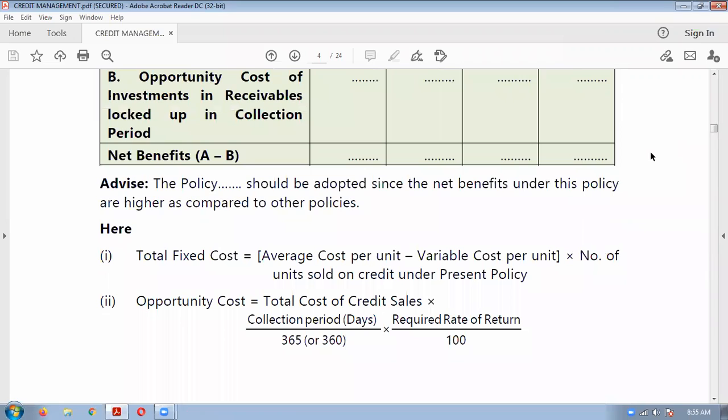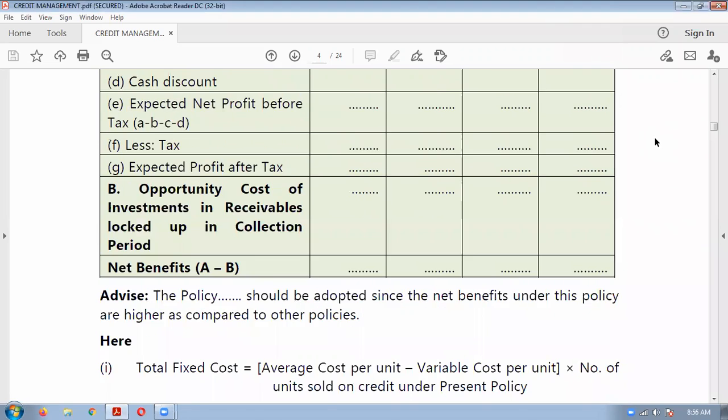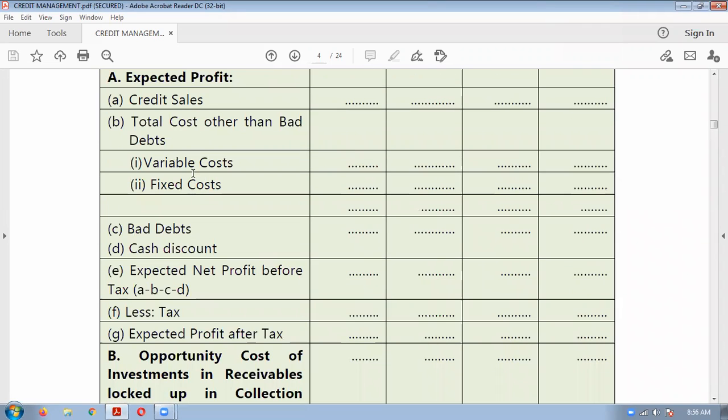Before that, everybody should know the two formulas which will be required for calculating these problems. One is the total fixed cost and another is the opportunity cost. Total cost will be the total of variable cost and fixed cost. Write down: total cost other than bad debts will be variable cost plus fixed cost.